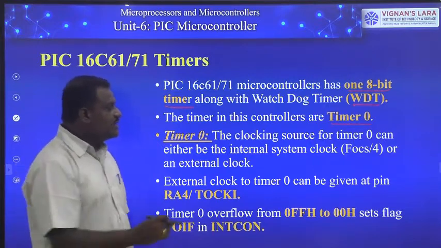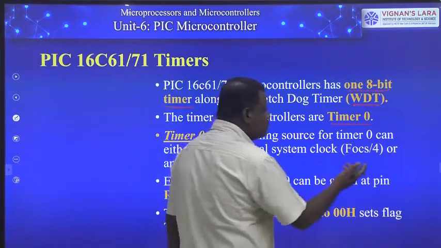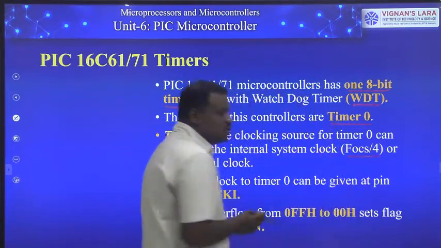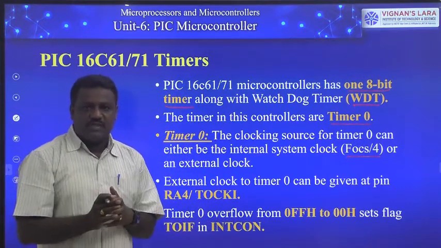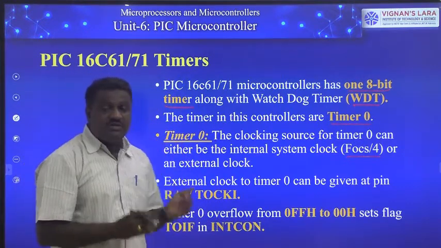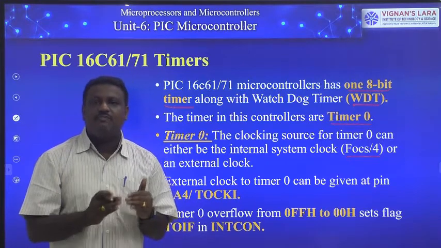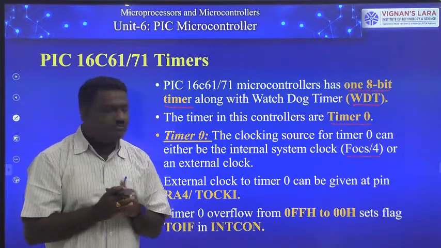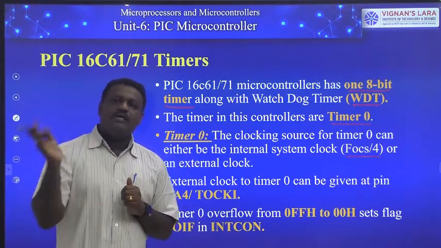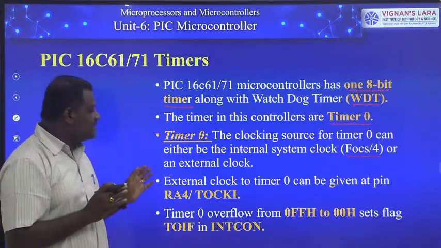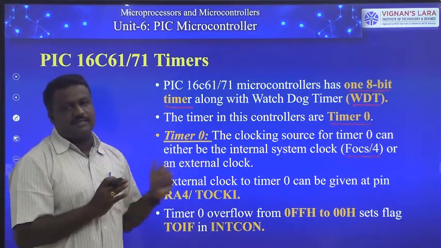That's why the internal oscillator clock signal passes through a divide by 4. So timer 0 gets the clock signal from the internal oscillator circuit, that is number 1, or it may receive the clock signal from outside, that is called the external clock.